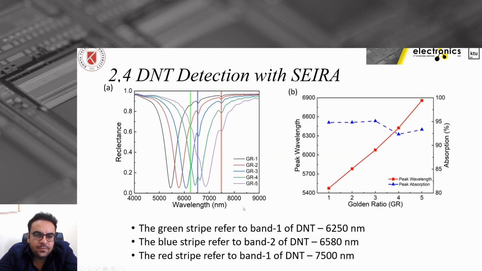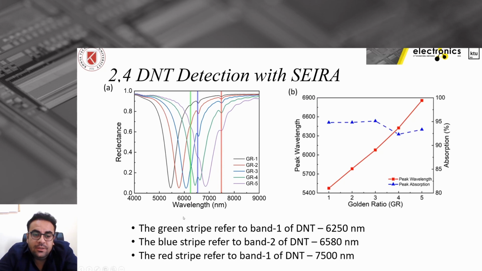And DNT gives spectral signatures in 3 different wavelengths, approximately 6,250 nanometer and 6,580 nanometer and 7,500 nanometer.